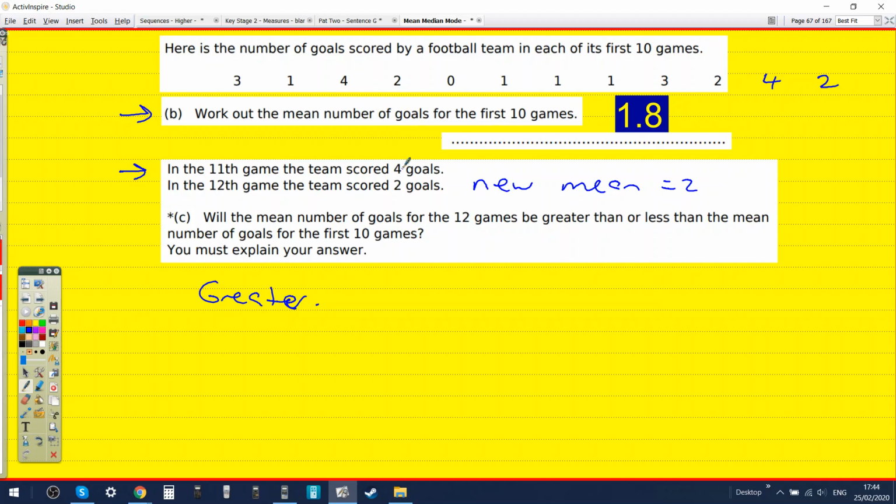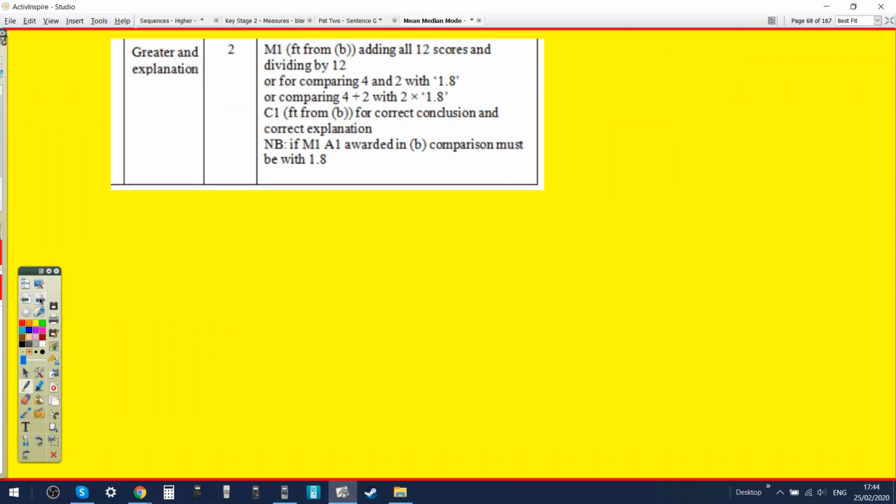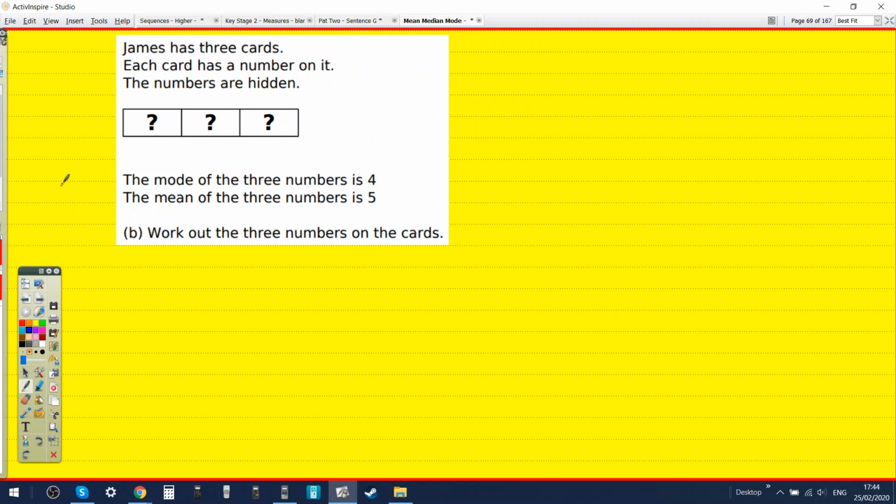Add 4 to it. Basically, it'll go up. If the average was 1.8 and then you score higher than the average, then the average will go up. If you score 2, that's higher than 1.8, so the average will definitely become greater. Or you can just find the new mean. That's the easy way. Okay, let's try this one.